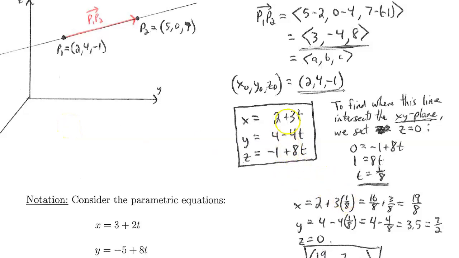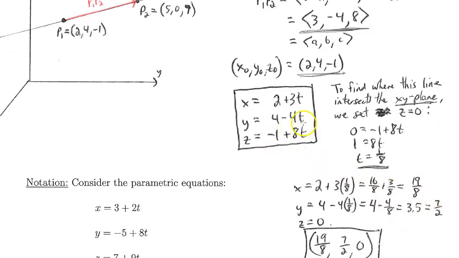Okay, so let's plug in 1/8 for t in each of these cases. If we plug it in for t, the x ends up being 19/8: 2 plus 3 times 1/8 is 16/8 plus 3/8, which is 19/8. And if you plug in 1/8 here, you get 4 minus 4/8, or 4 minus a half.